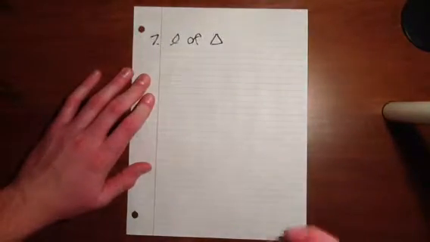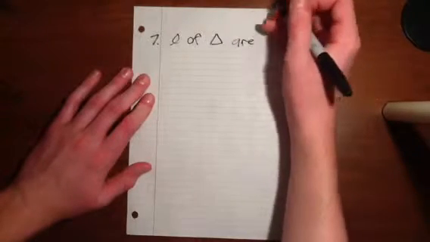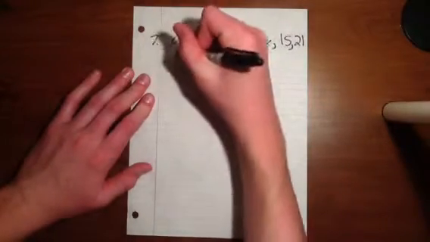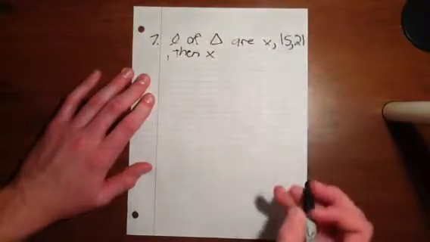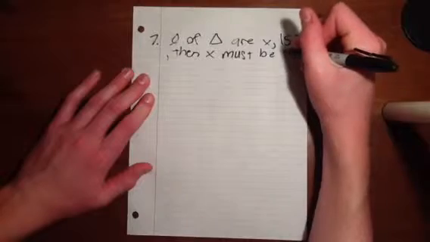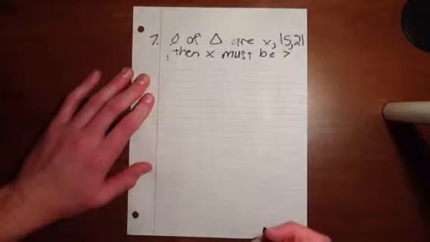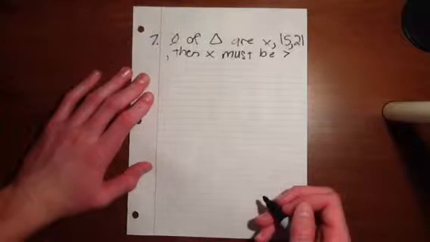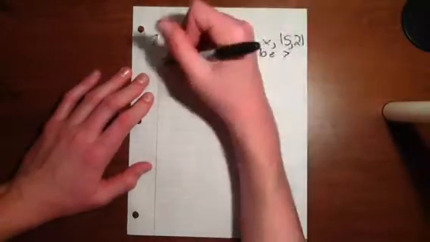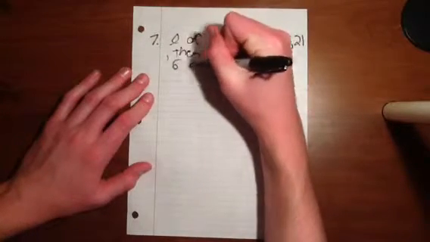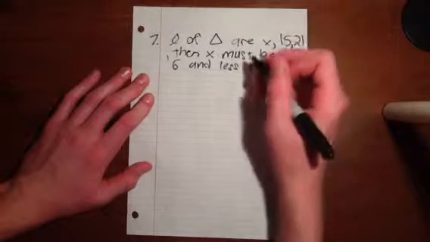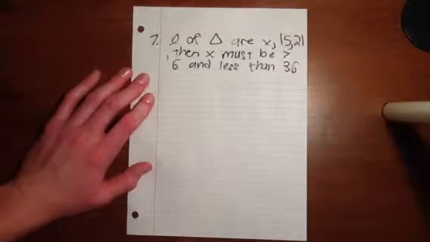So, if the lengths of the sides of a triangle are x, 15, and 21, then x must be greater than 6 and less than 36.